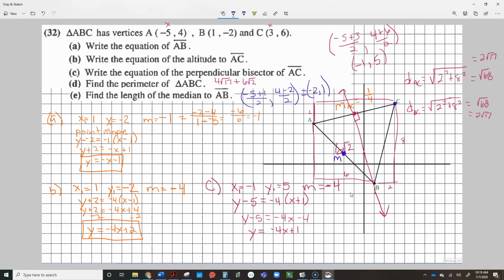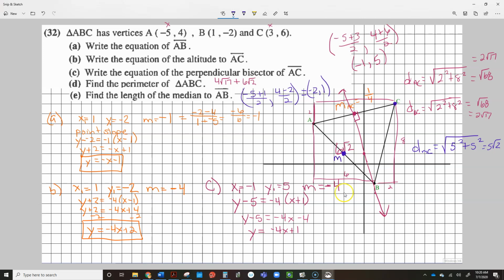We'll call it M. So the distance from M to C is, let's see, how far over is it? 5, so 5 squared. And then how far up is it? 5. That's easy. That's 5 square roots of 2. So the length of the median is 5 square roots of 2.